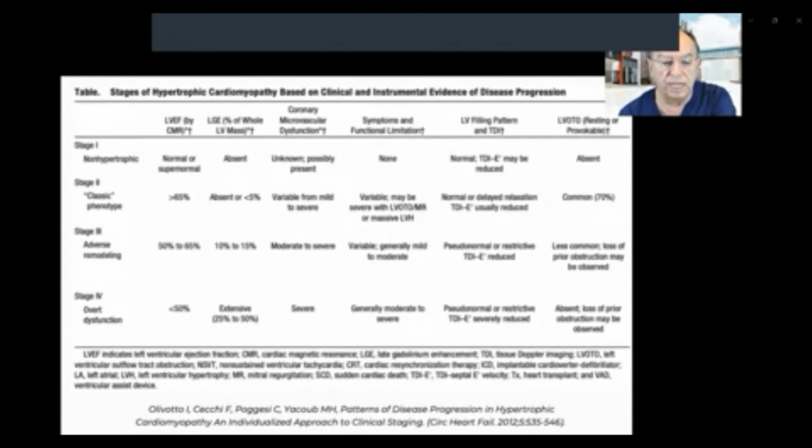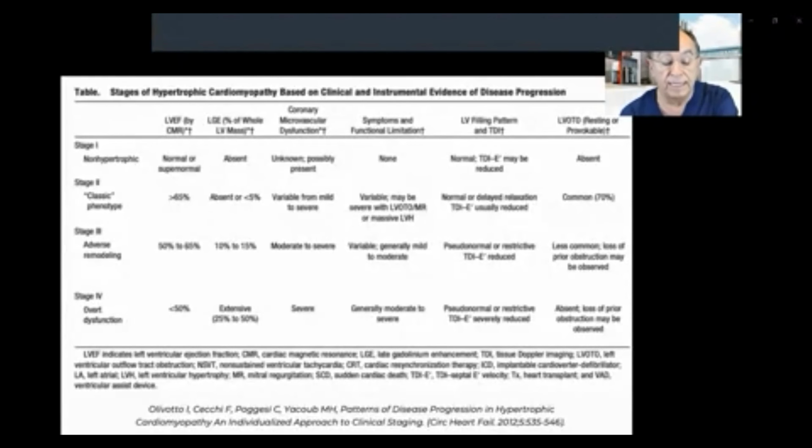The first, named stage 3 or adverse remodeling, is a patient with a little reduction in the ejection fraction, not hyperdynamic, apparently normal, but for patients with hypertrophic myocardiopathy this kind of patient has a little reduction in the ejection fraction.